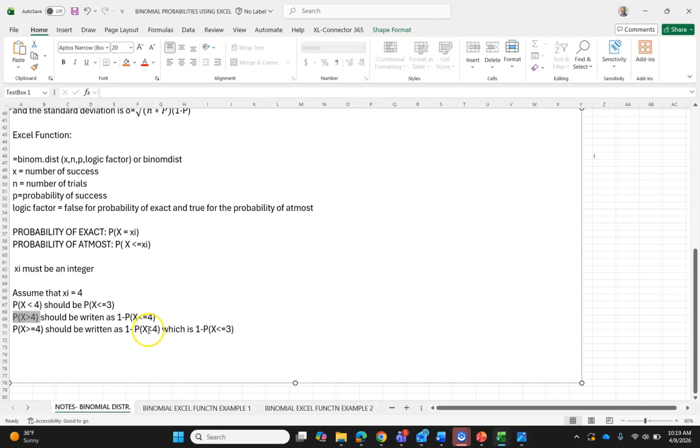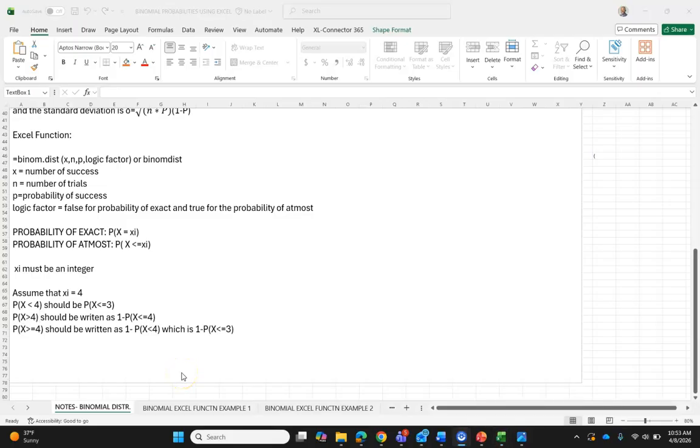But still, this is not at most. It is less than 4. So what is less than 4? It is from 3 to 1 and 0. So we'll take 1 minus probability of x such that x is less or equal to 3. So those are our notes.